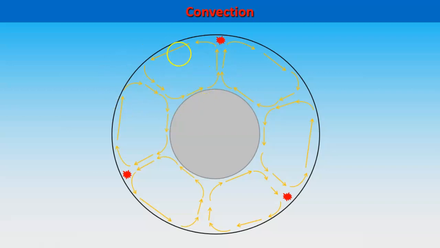It starts to rise. As it rises up to the surface, it cools, and then it wants to sink, and then it sinks back down. At these places where it's rising and moving away, we get divergent plate boundaries here, where the crust or the lithosphere is being pulled apart by the motion of this convecting mantle.